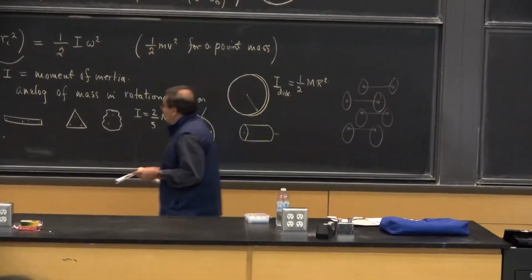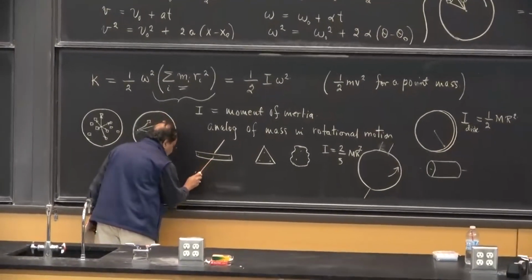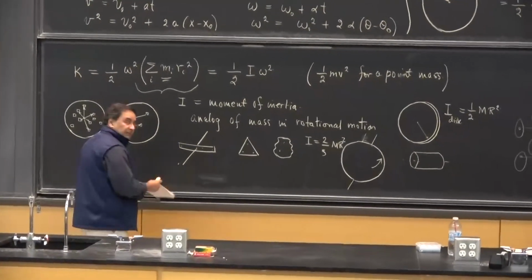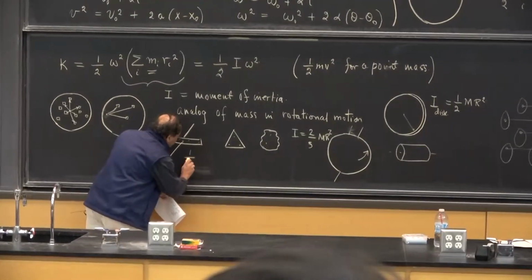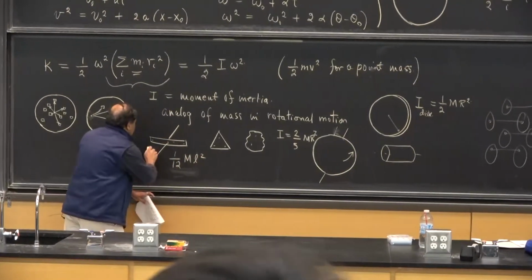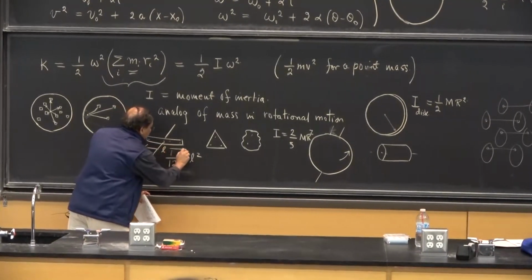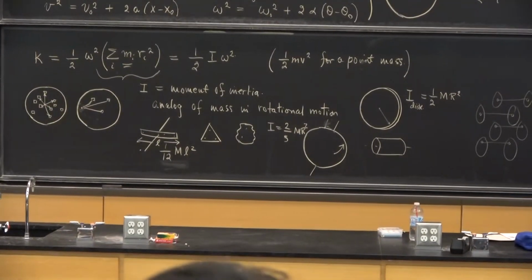For a rod like this, if you have an axis through the middle, then the moment of inertia I is 1/12 mass times L squared, where L is the length here. 1/12 mL squared.